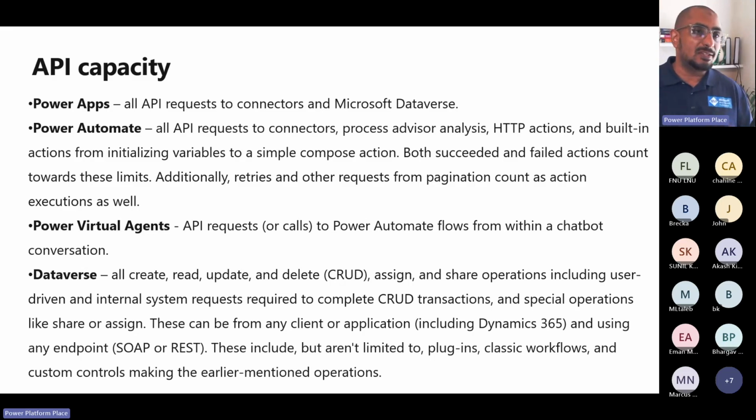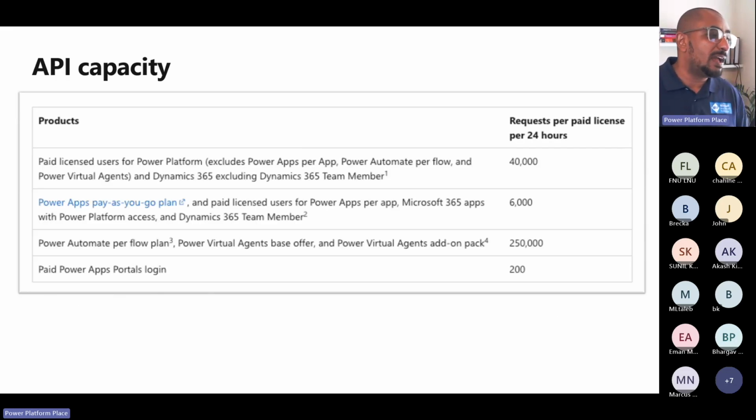So again, the licensing and the API capacity are important to understand. And here, I found this and I like it and I would like to share it just to give you an idea. For example, depending on the license, you can get 40,000 calls here, and then you have 6,000 calls if you have just a Power Apps per app license, for example.